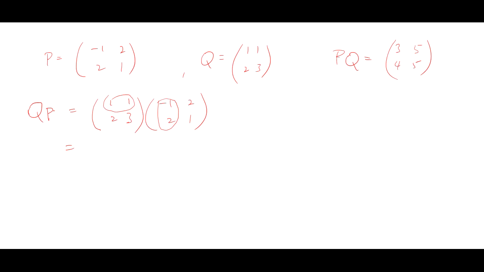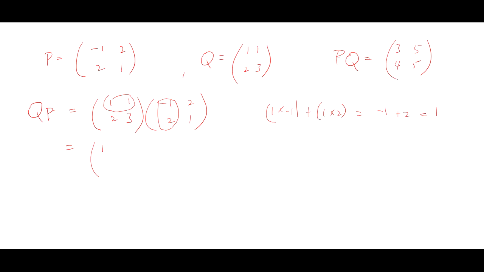So this will be 1 by minus 1 plus 1 by 2, which will be equal to minus 1 plus 2, which is equal to 1. So the first term will be 1.